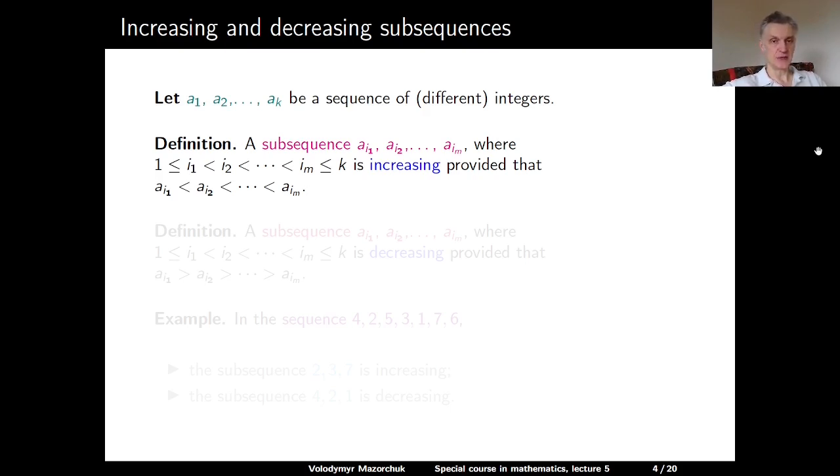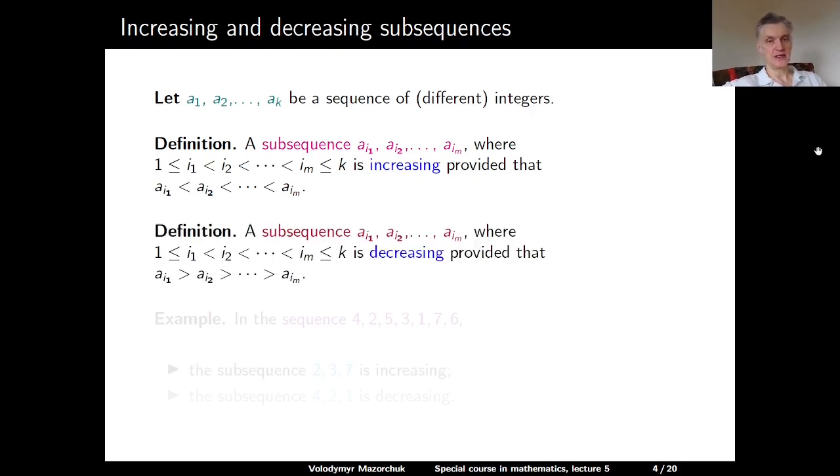So this subsequence is increasing provided that a sub i1 is strictly smaller than a sub i2 and so on. And similarly, this subsequence is decreasing if a sub i1 is strictly greater than a sub i2 and a sub i2 is strictly greater than a sub i3 and so on.